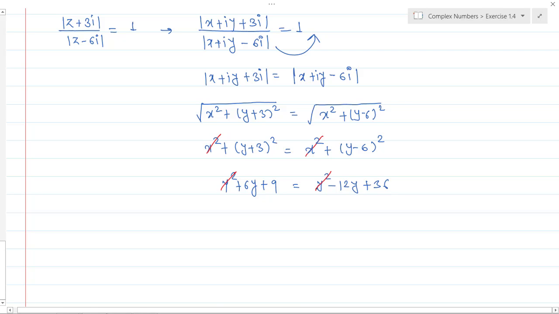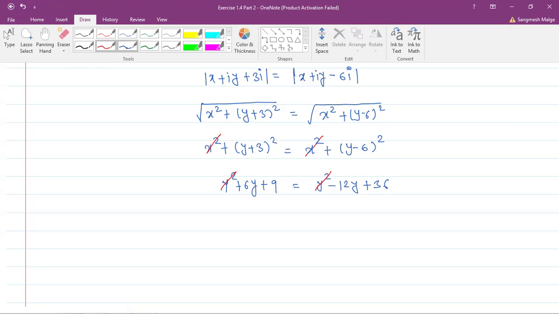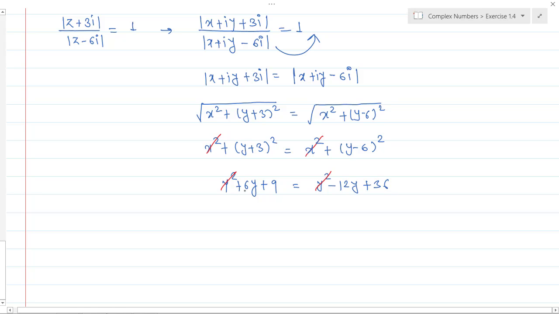The remaining is 6y plus 12y, that is 18y. And 9 minus 36 becomes how much? 27. So 18y minus 27 equals 0.